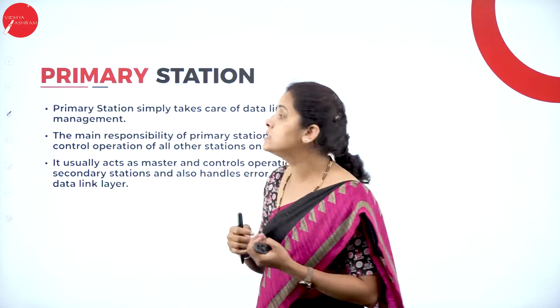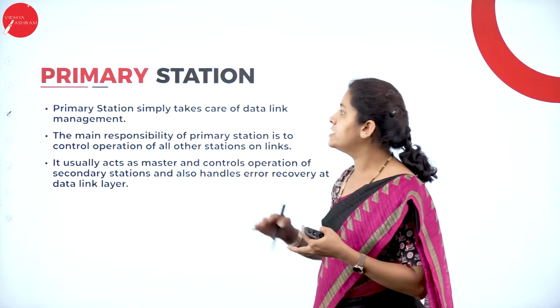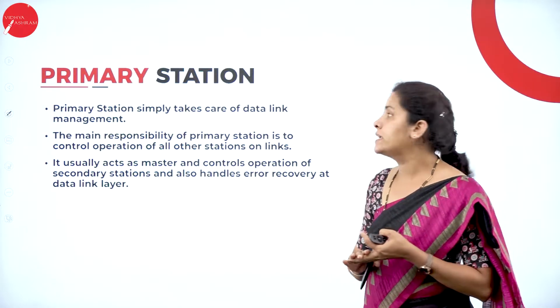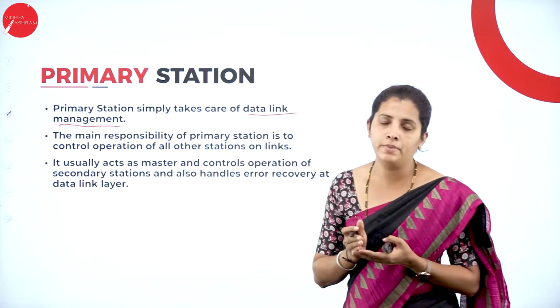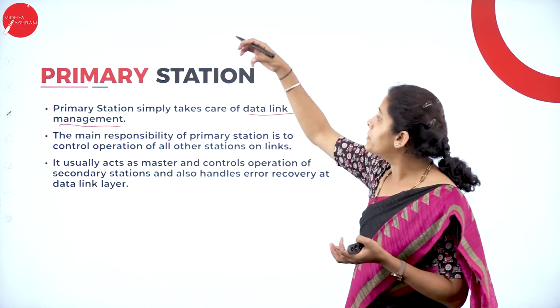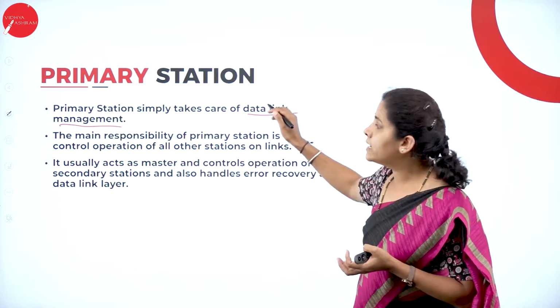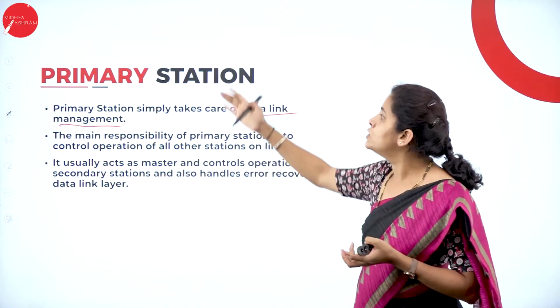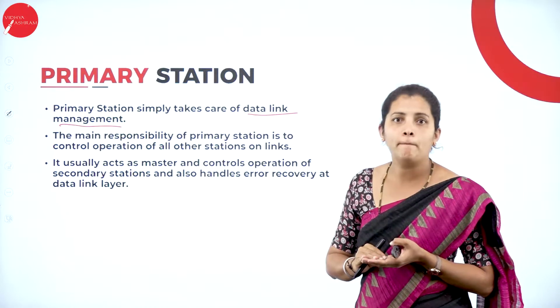Moving further, we are going to look at the primary station. So, what is primary station? The primary station simply takes care of data link management. I repeat, the job of the primary station is to take care of data link management. Here the primary station acts as manager.